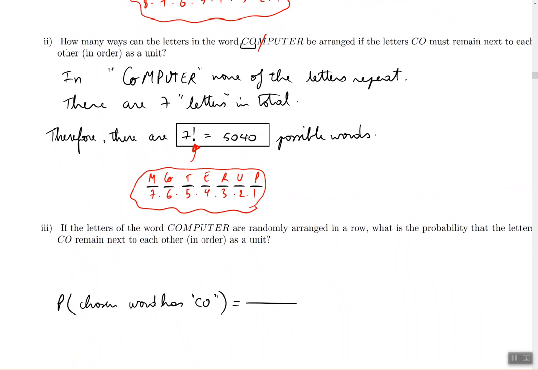We had 8 factorial different words, and the number of words that have CO together in that order is 7 factorial. So the answer is 1 out of 8. In decimal form, this is 0.125, or roughly 12.5%. So about 12.5% of the words have the letters CO in that order next to one another.